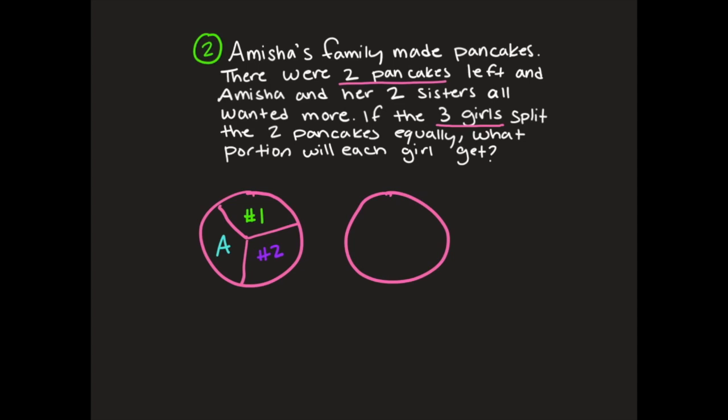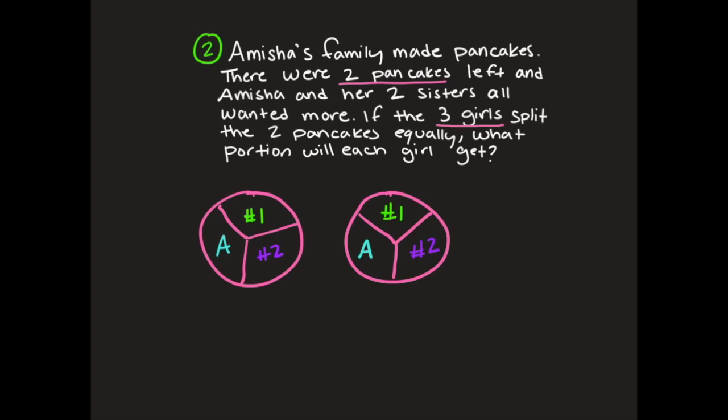Now I'm going to go to the next pancake, and I'm going to split it again. And here's Amisha's piece. Here's her sister number 1, and her sister number 2. So now I'm going to go back and answer my question here.